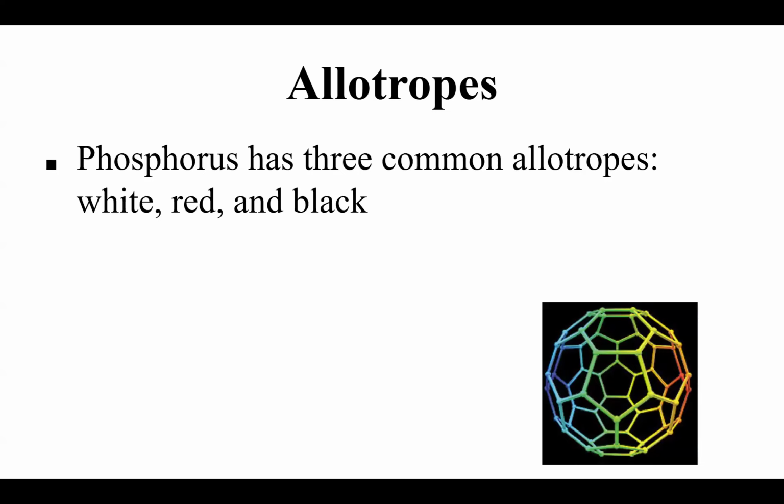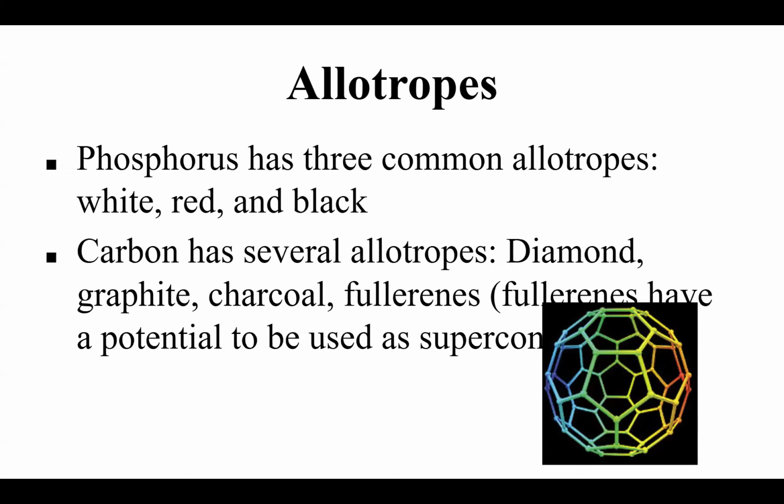Phosphorus also has three common allotropes, and they actually have different colors. One's white, one's red, and one's black. And carbon has several allotropes. You have the diamond, graphite, which we write with, charcoal, which if you have a charcoal grill, you're familiar with, and fullerenes, which is what this picture is.